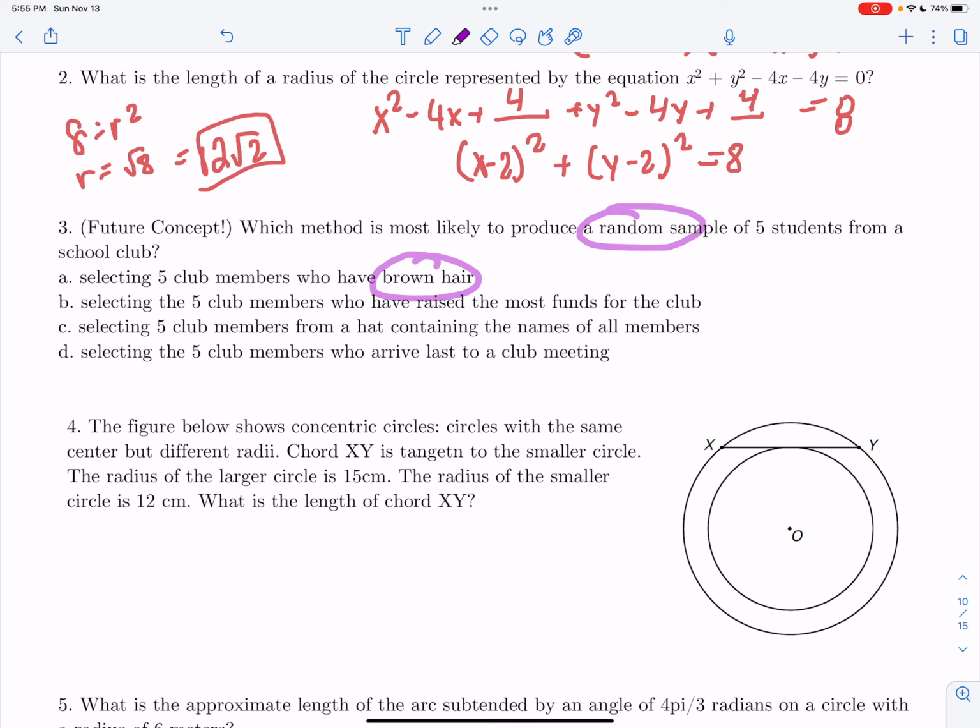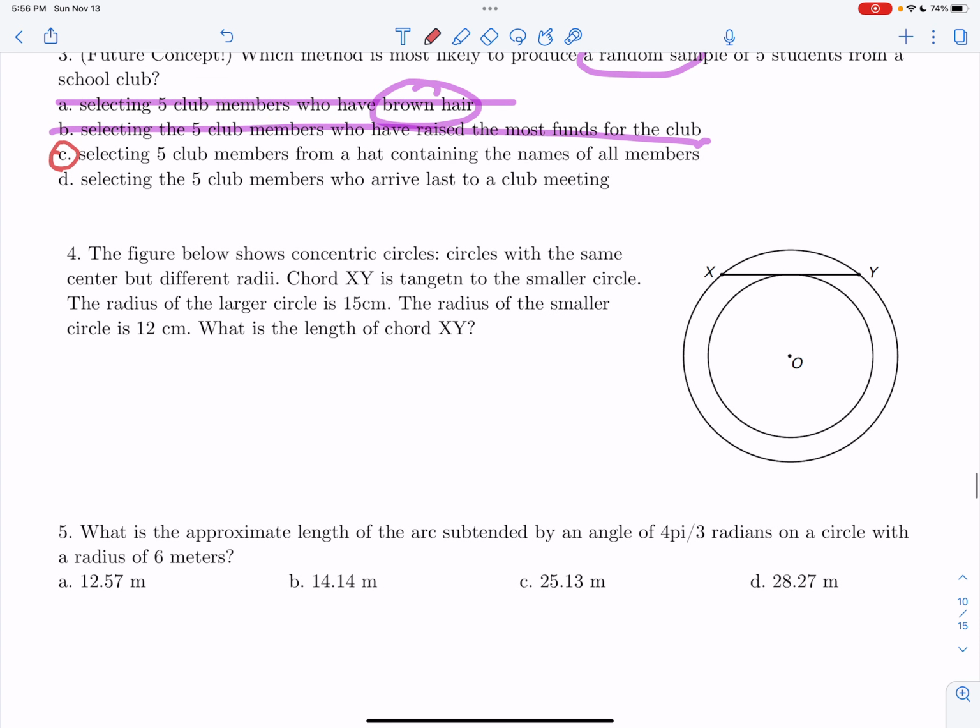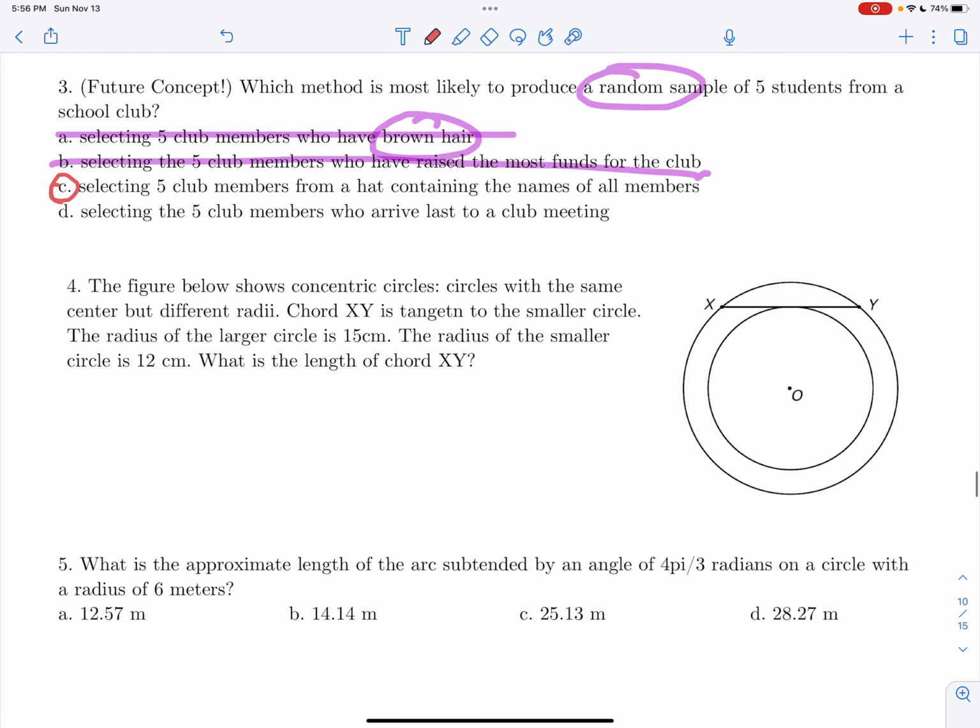Well, what if all of you guys have brown hair? That's not going to give you the best random sampling. Selecting 5 club members who have raised the most funds. That's not going to give you the best random sampling. Selecting 5 club members from a hat containing the names of all the members, which would give you the best random sampling. And then D says selecting 5 club members who arrived last at the club meeting. Nope. So that's why our answer here for number 3 is C.